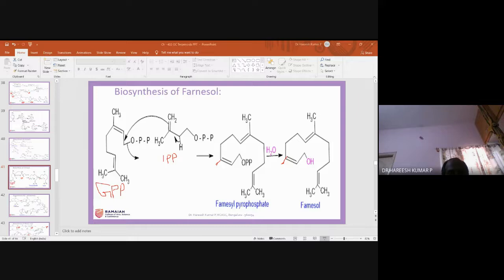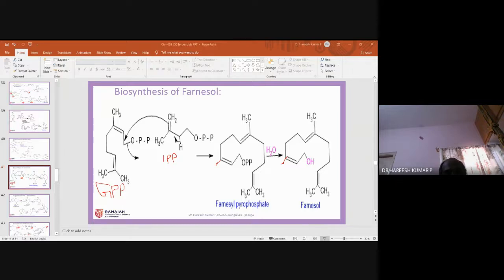Let's look into that. CH is this, CH3 is this, CH3 is this, double bond is this, CH2 is this, CH2 is this, CH3, CH3, double bond, two CH2s, CH3, CH3, double bond. Here, one CH2 is there, no? That is this. Now there is a new bond formation between this carbon and this carbon.